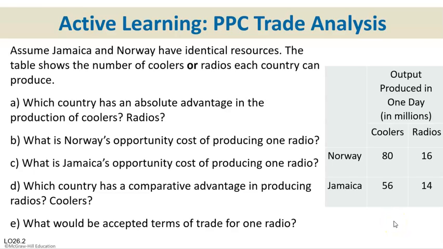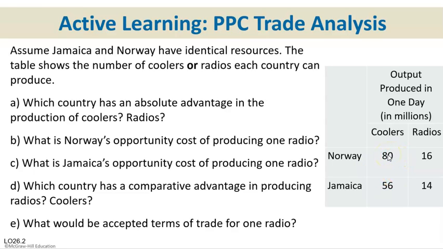Okay, first question. Which country has absolute advantage in the production of coolers? So remember, absolute advantage is the country that can produce more with the same resources. So it tells us that Jamaica and Norway have identical resources. So you just want to look and see who can produce more. So Norway can produce more coolers.